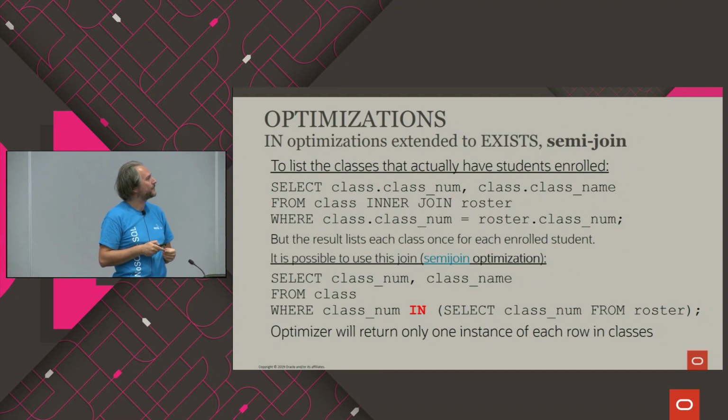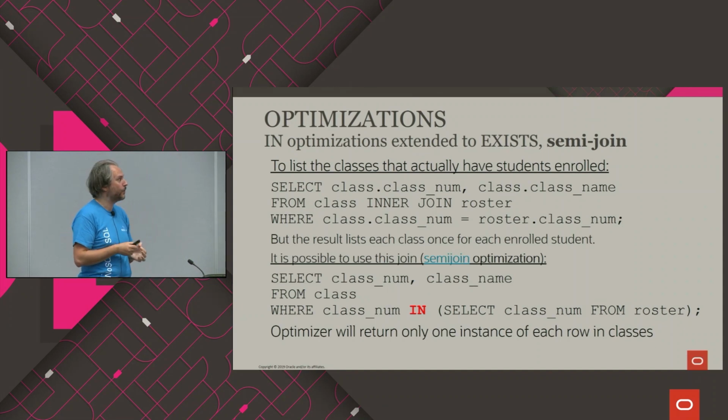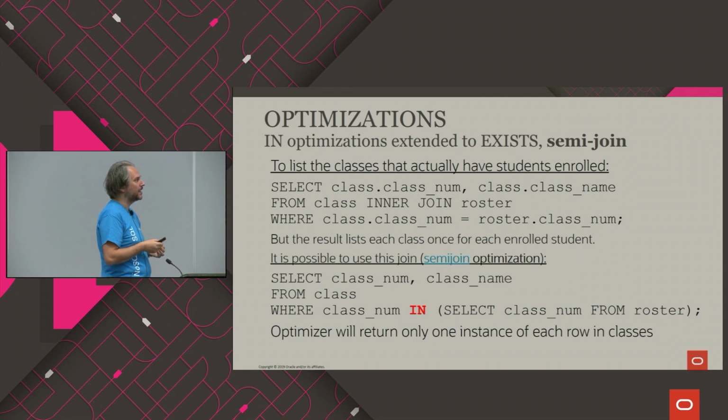I want to list all the classes that have students enrolled. I can do this with a select: select class number, class name from class, and I join with roster, and then I get all the combinations.